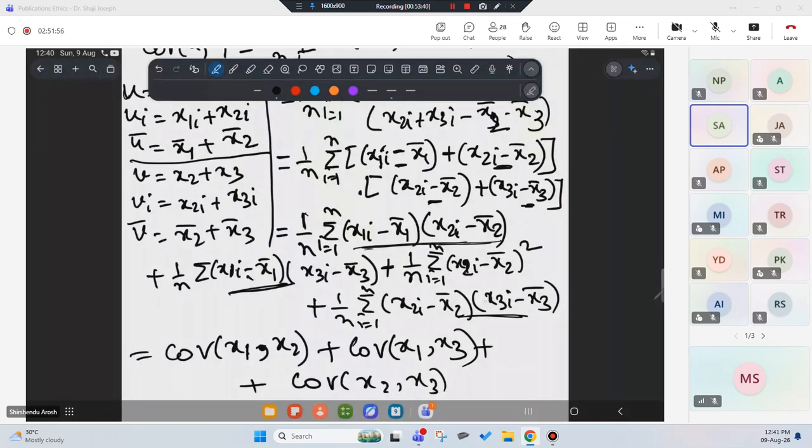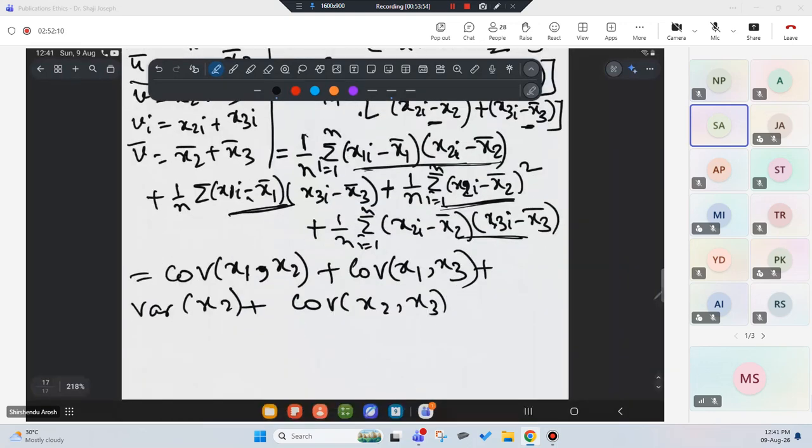These three things are the covariances. And what about this one? This is nothing but the variance of your x2. And if you remember, these are nothing but 0, 0, 0.